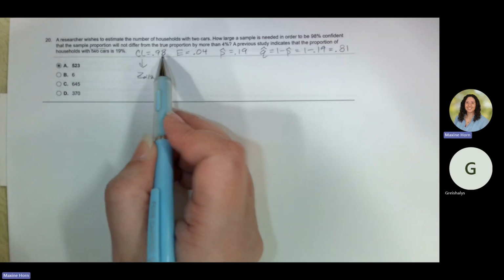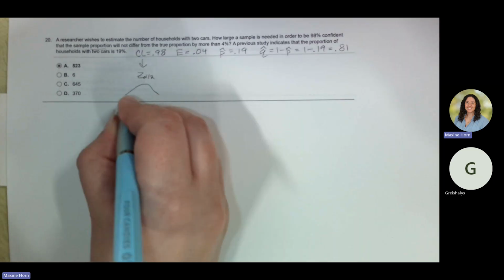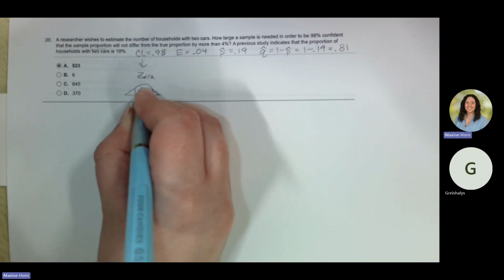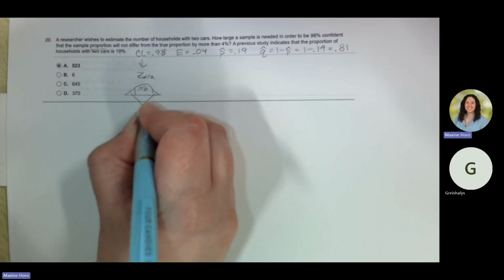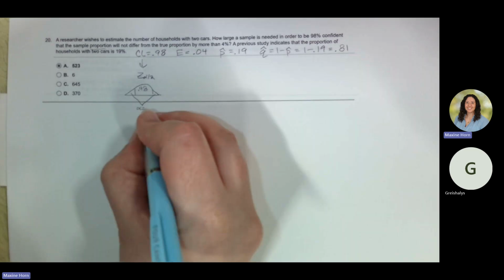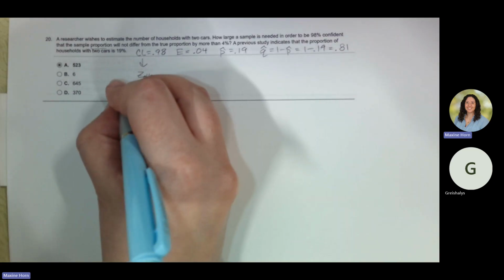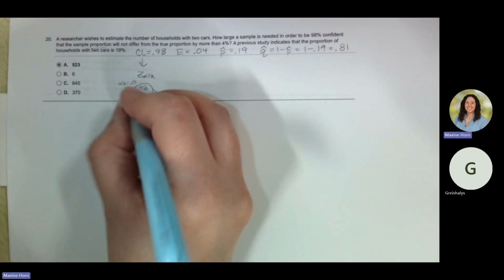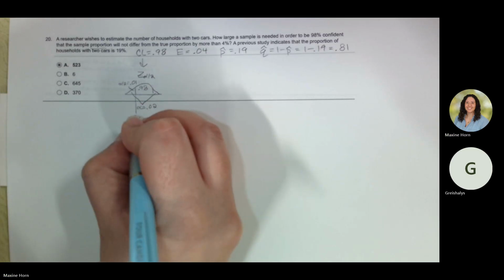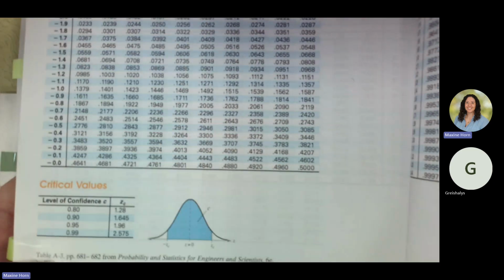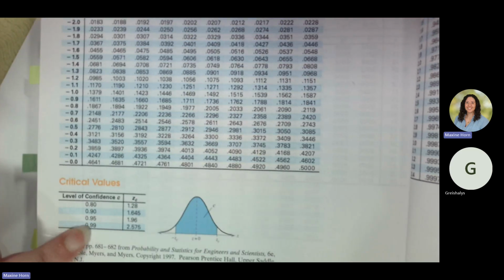If it doesn't, we remind ourselves that a confidence level of 0.98 means the area in both of the tails together is 2%, which means the area in one tail is 1%, and we're going to get the z-score that separates the area of 1% from the rest. So we're going to go to the back of the book, and this was actually the same number that we did before, right? We didn't have 98% here, so we have to say 1%.